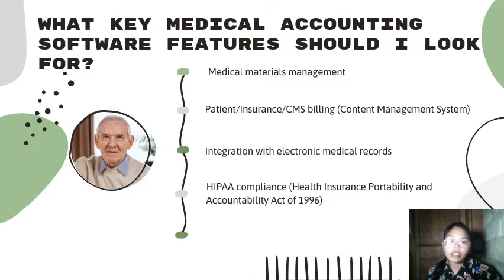Next is HIPAA compliance, or the Health Insurance Portability and Accountability Act of 1996. It is a federal law that required the creation of national standards to protect sensitive patient health information from being disclosed without the patient's consent or knowledge.